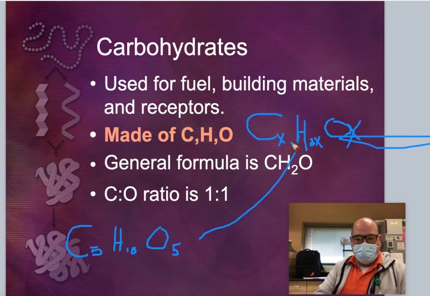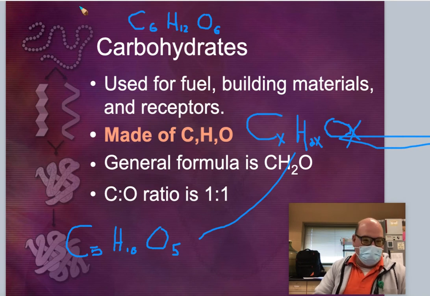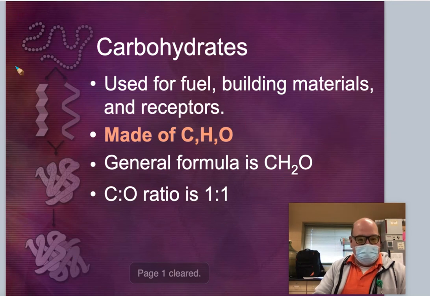So follow this formula, X, 2X, X, and we generally write them with the hydrogen in the middle and the oxygen on the end. So a good example is glucose, C6, so 6 times 2 is 12, so H12, you probably learned this in sophomore biology, O6. So you can put any numbers you want in here, and if it follows that rule, it's going to be a carbohydrate.